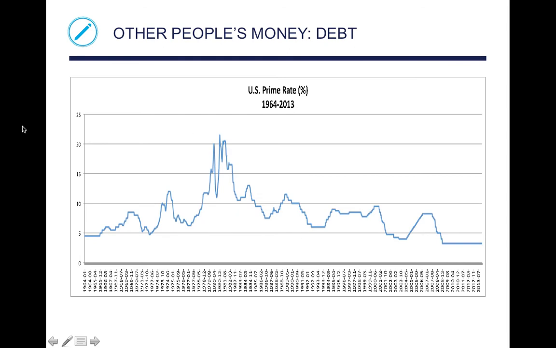This is basically the fluctuation of the prime rate from the 60s up until 2013. You can see that there was a lot of activity between 1979 and 1982. Then we see, let's see, how far does this go? 2008. After 2008, something interesting happens here, and this is actually the collapse of the mortgage bubble, the mortgage bubble popping. Let's just call it what it is.